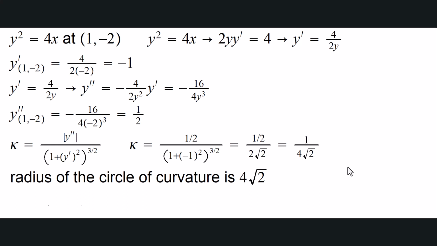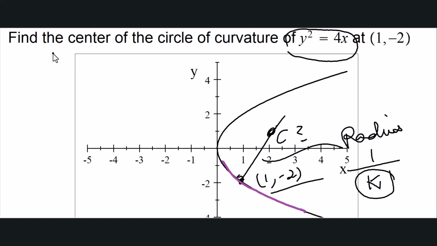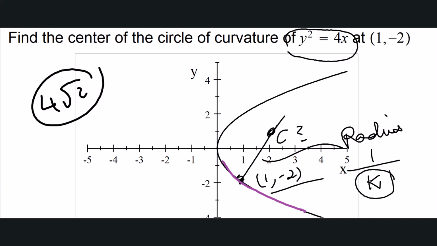Now what we have to do is determine the center of the circle of curvature. So let's go back to our drawing. We have the radius of curvature as 4 square root of 2 as we just determined. So I was correct. That would be located much farther along this line.